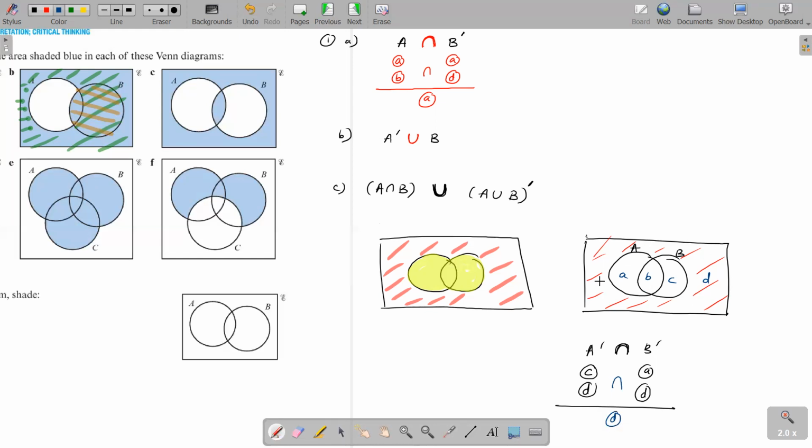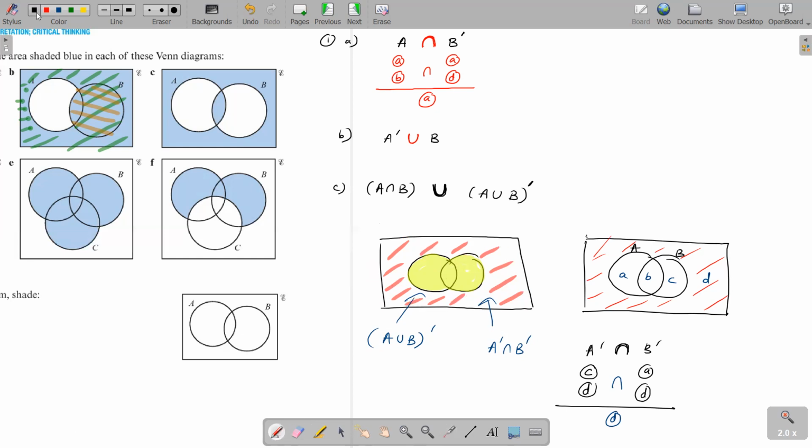So I can get this outside coloring part in two ways: either A union B complement, or A dash intersection B dash. They are both telling us the same thing. They're both talking about the outside region.